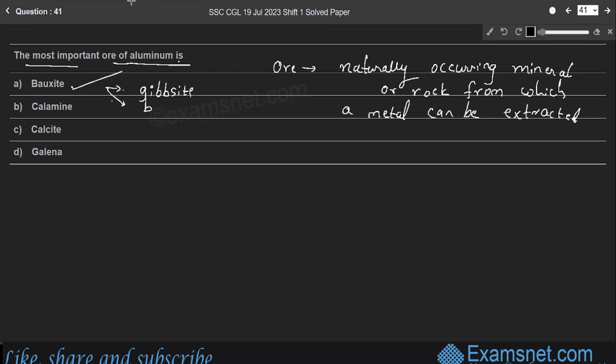Aluminum is used in the United States in packaging, transportation, and building. Because it's a mixture of minerals, bauxite itself is a rock, not a mineral. Therefore, bauxite is the most important ore of aluminum. Option A is the right answer.